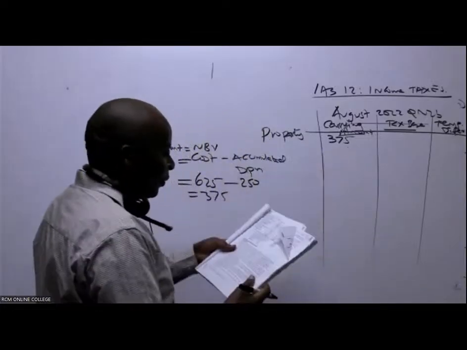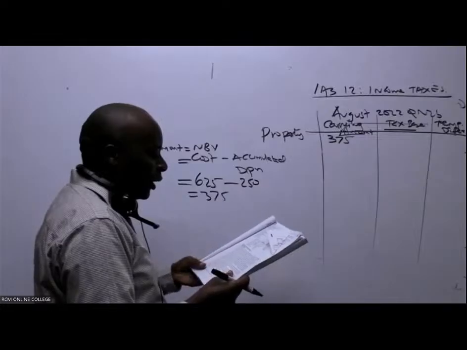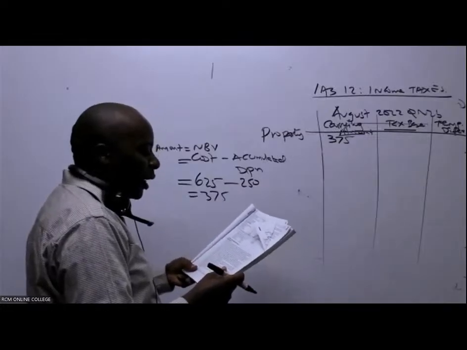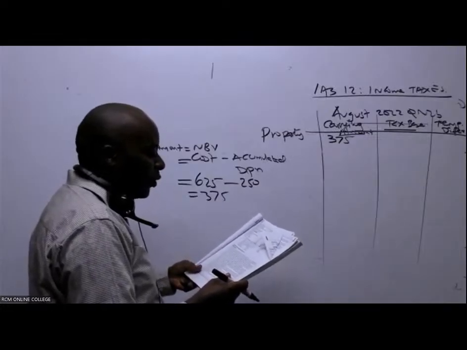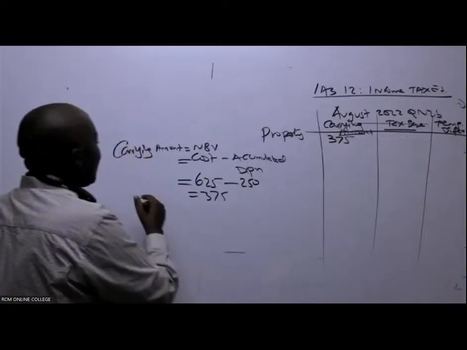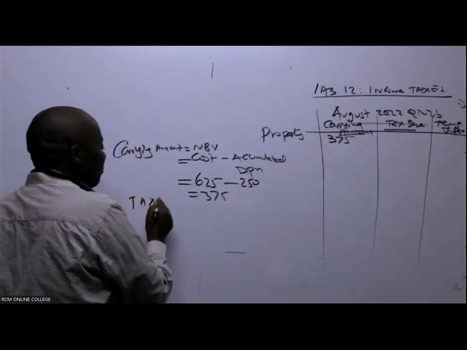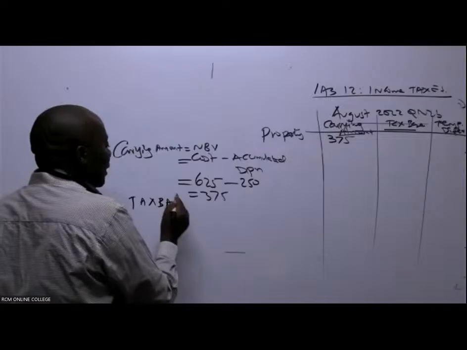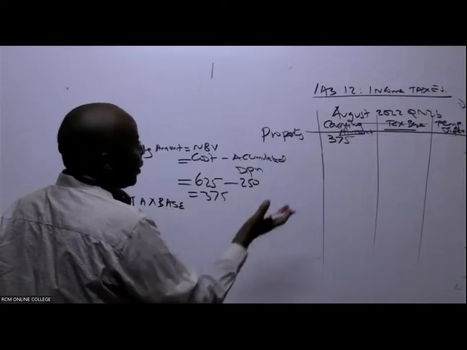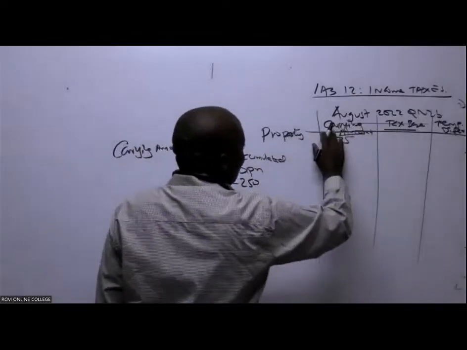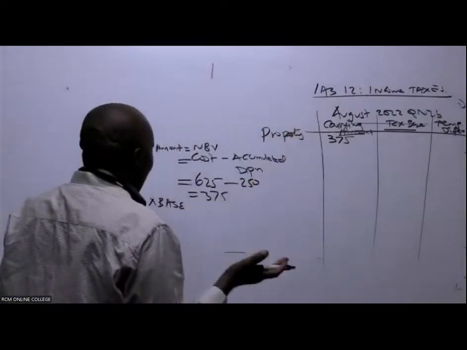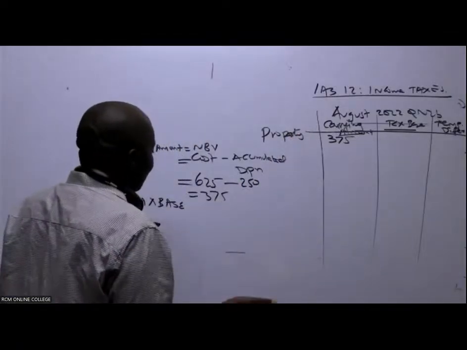Now, ladies and gentlemen, after that, we continue reading. We are told here the entity has claimed a total capital allowance on this property of 300. So how do we get the tax base? Remember, the tax accountant and the normal accountant use the same principles.